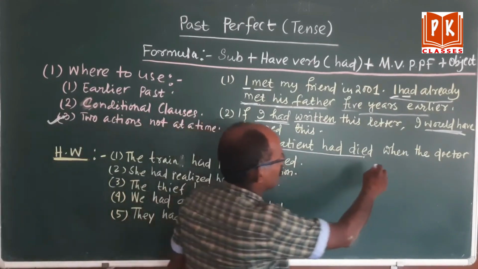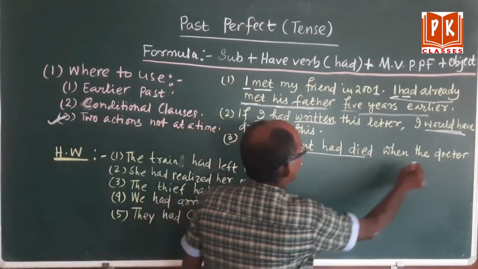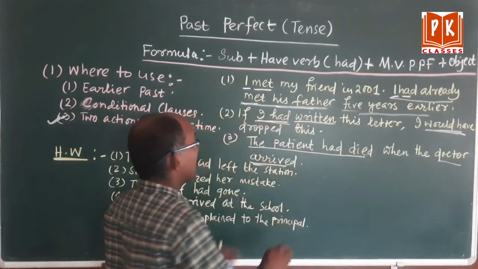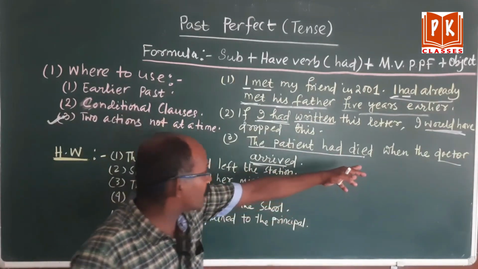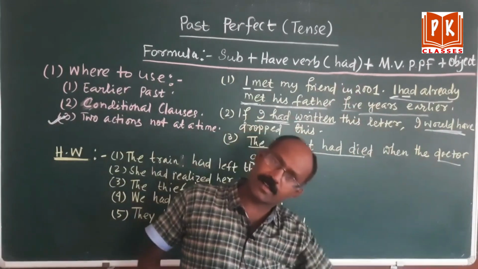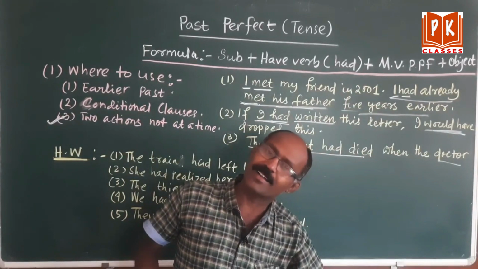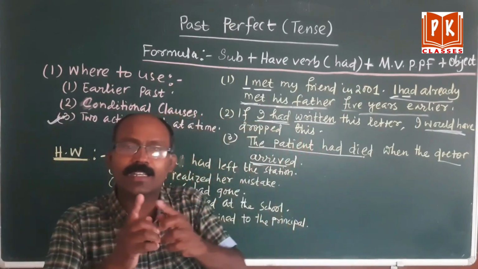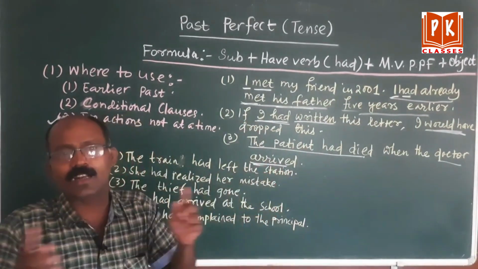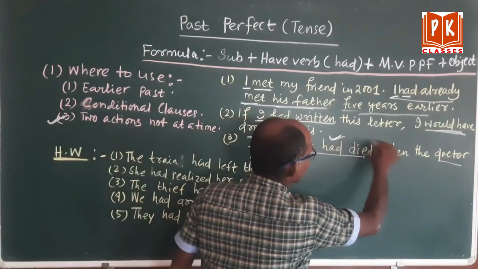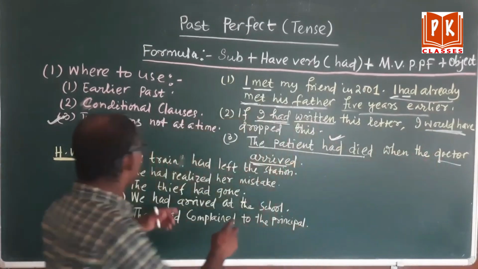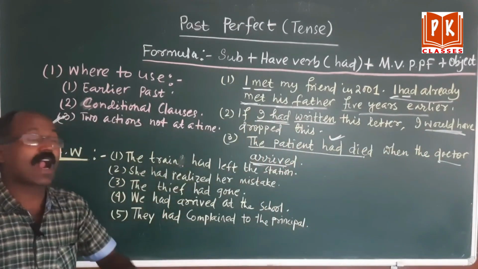And when the doctor arrived, past simple, the doctor arrived. That means two things are not happening at a time. When the doctor arrived, the patient had died. Clear? Had died. If in the past two things are not happening at a time, then one will be past perfect.